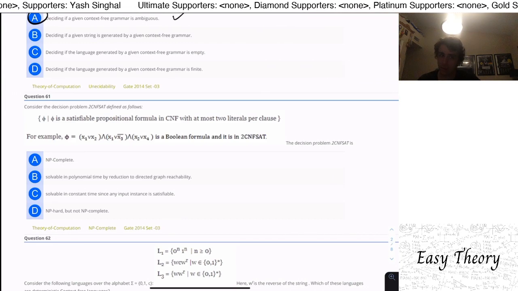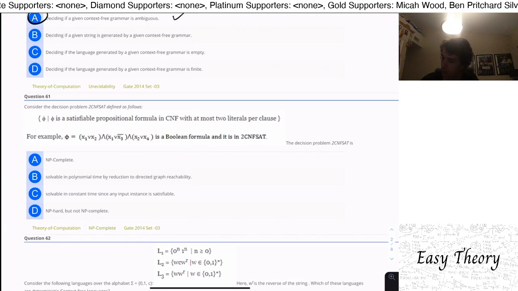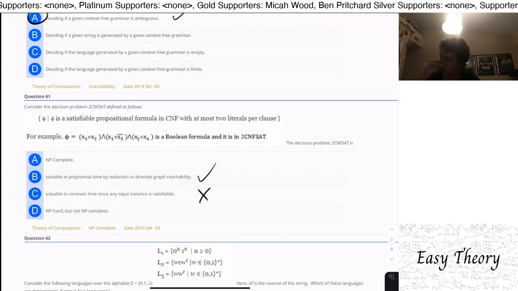I don't think we can actually solve this here, because it is solvable in polynomial time, so that one's true. Solvable in constant time, no, so that's not true, and that's a complicated reason why that's true.